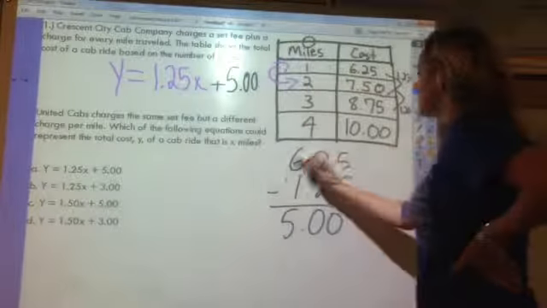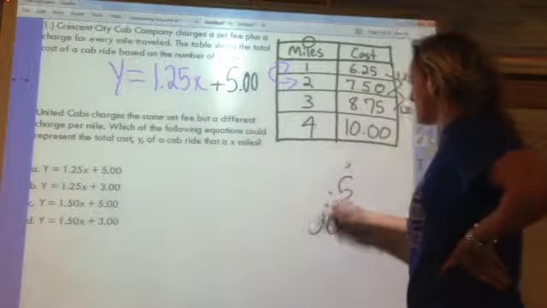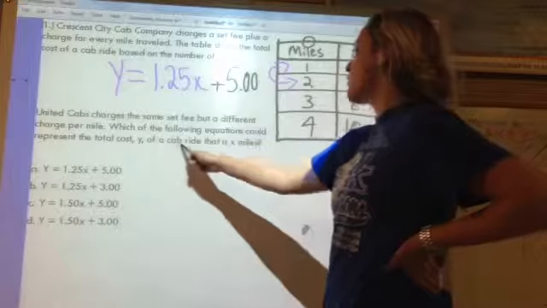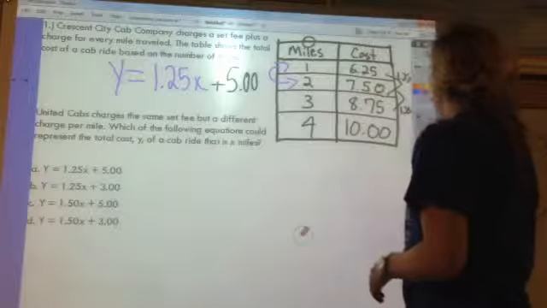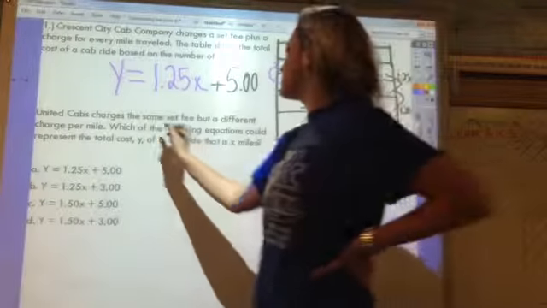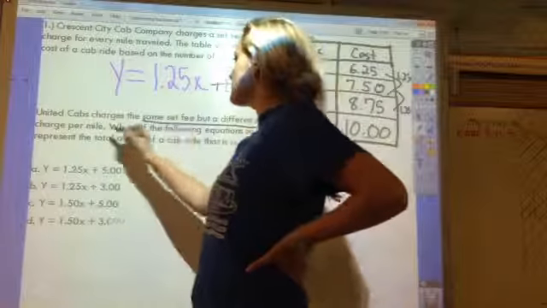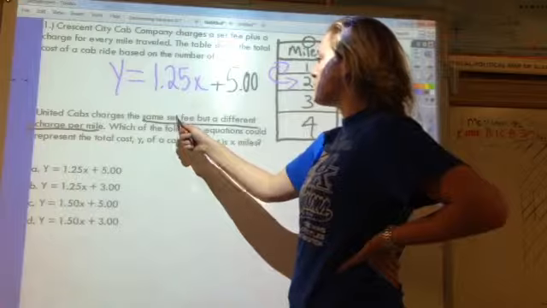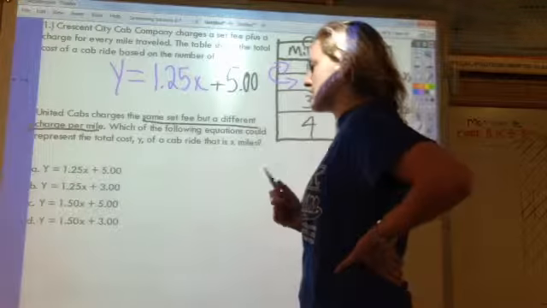Alright, now let's go back to our answer choices. What I'm interested in is which of the following equations could represent the total cost of a cab ride that is x miles. Now, if United Cabs charges the same setup fee but a different charge per mile, I'm looking for an equation that has $5 as the y-intercept.